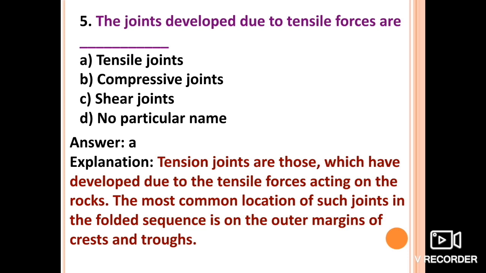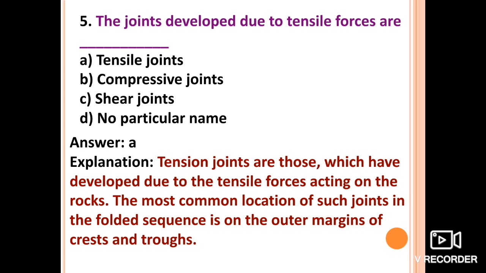Columnar joints in lava flows and the longitudinal joints in anticlines that run parallel to the fold axis are examples of tensile joints.